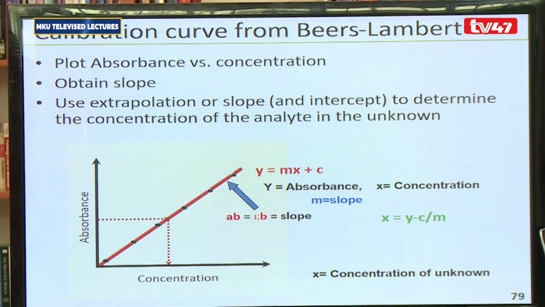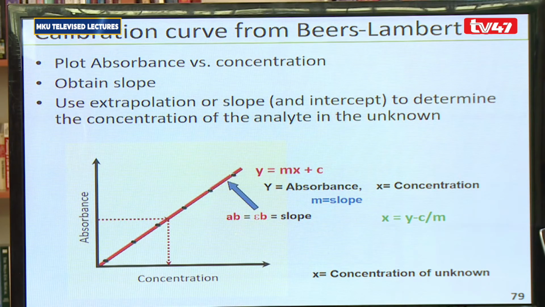And you obtain the linear relationship between absorbance and concentration as per the Beer-Lambert Law. And we said the line is going to be in the form of y equals mx plus c. We already defined the slope is going to be equal to the molar absorptivity times the path length, or the absorptivity times the path length.